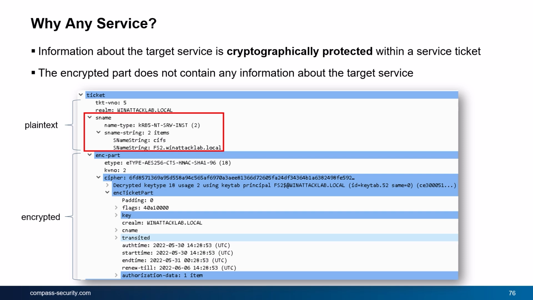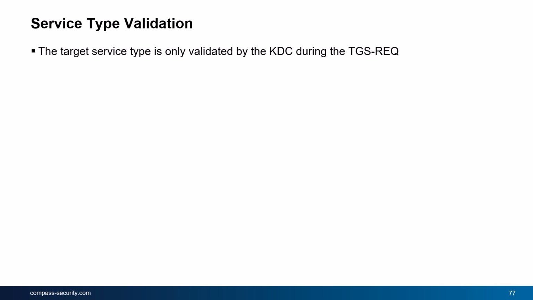So then, to understand this a bit better, we can also quickly look into how the service type is actually validated. When we configure constrained delegation, we specify a service type, so this has to play a role somewhere, and this is correct. The service type is only validated by the KDC when we perform a TGS request.